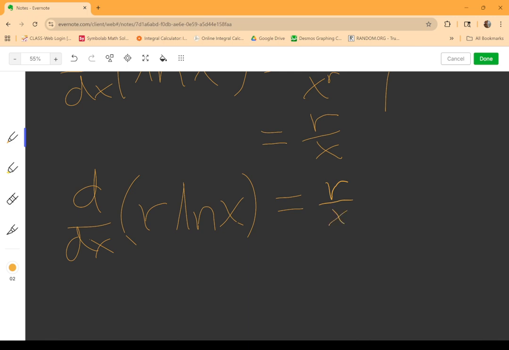And now again, we have the same idea here. If those derivatives are equal to each other, that means that the functions themselves must differ by a constant.